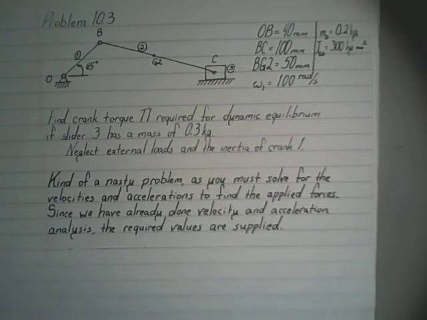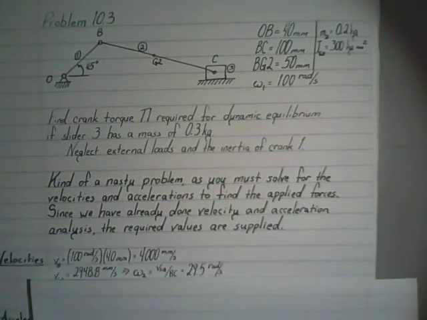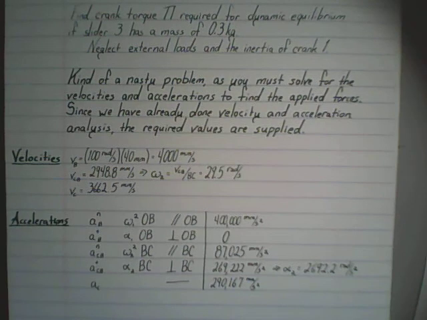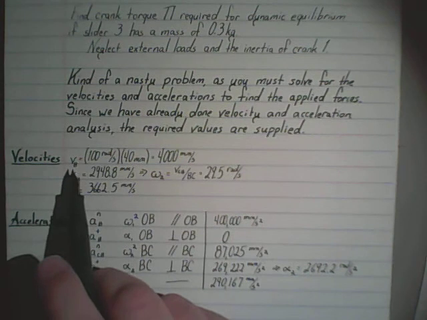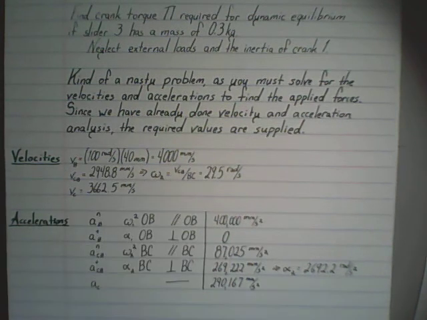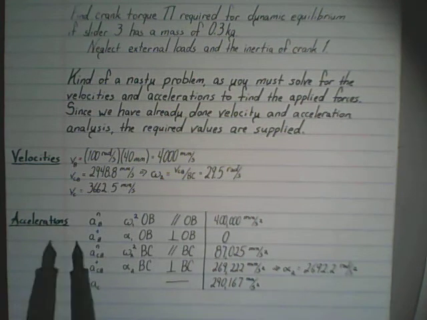So, I wrote a little bit of a note here. This is kind of a nasty problem because you have to solve for the velocities and accelerations to find the applied forces. It's the whole point of dynamic analysis. But since we've already done that, I'm going to give you those required values. So, here we are. The velocities for the problem. As noted, the crank is rotating at 100 radians per second, so the velocity at point B is 100 radians per second times the length of the crank, or 4,000 millimeters per second.